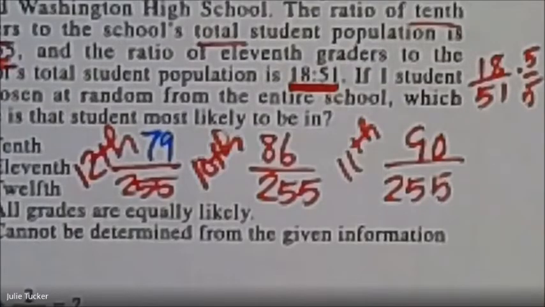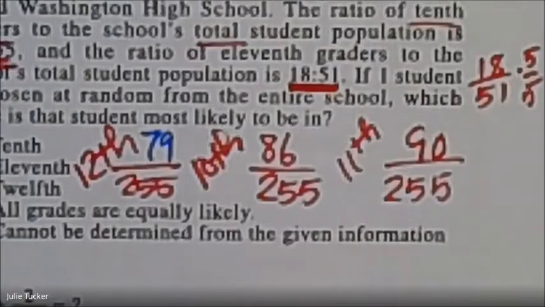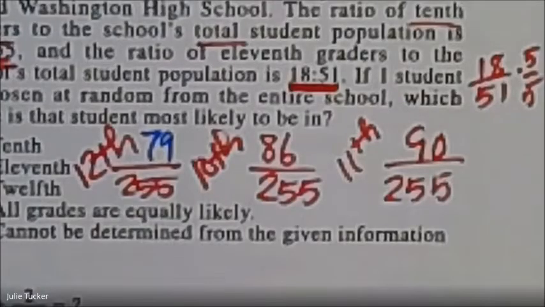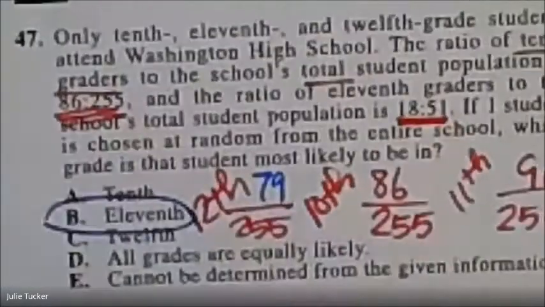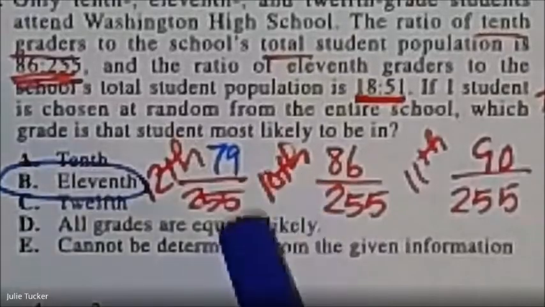Okay. So if we want to know which one has the highest probability, it's the one that there's the most, right? Exactly. So that's the 11th grade. That was a tough question, but we figured it out. So let's talk about it one more time.